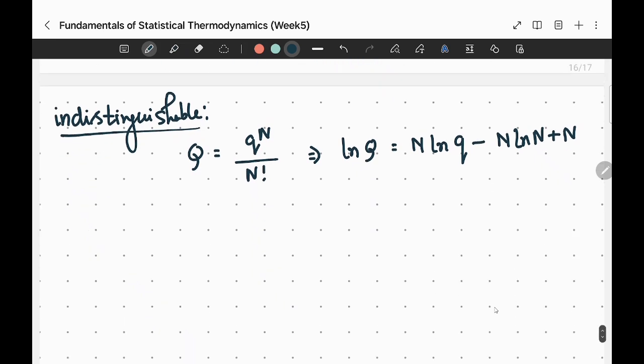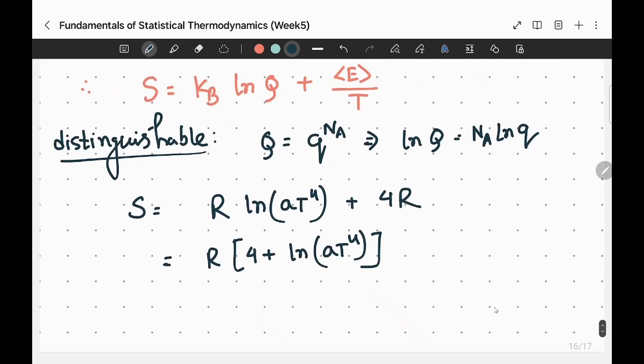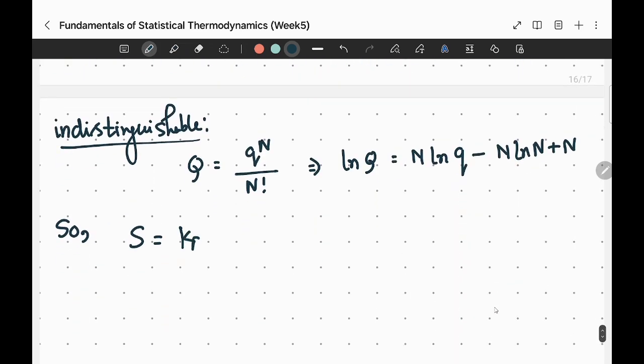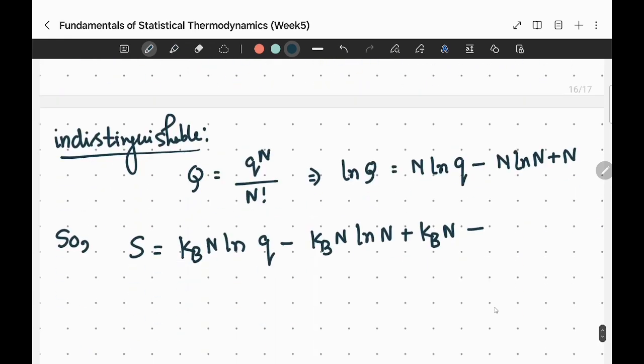So now we have to calculate S, that is kB ln Q. So kB n ln q minus kB n ln n plus kB n, and then plus 4R.